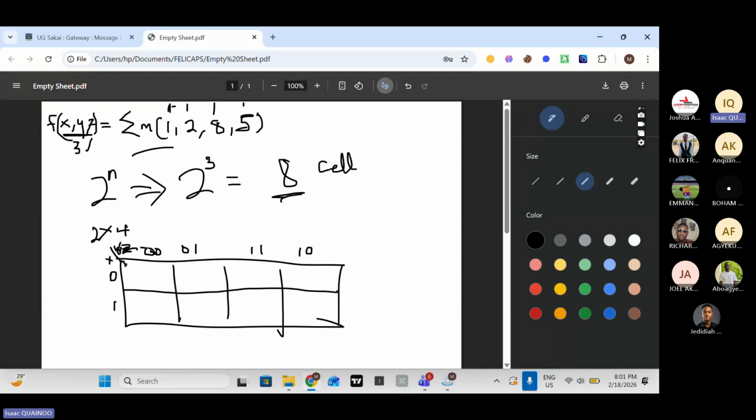So we say this box is 0 because we know 0, 0 is 0, right? 0, 1 is 1. But the problem is that 1, 1 in binary has an actual equivalence of 3, okay, and then 1, 0 is 2. So we can see that the original location of this cell is 0, this is 1, this is not 2, this is 3, not 2. Okay, so this is 3, and this is rather 2.